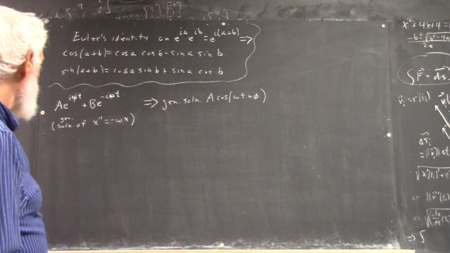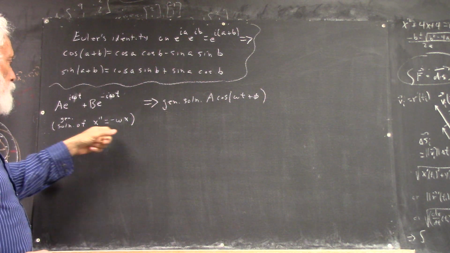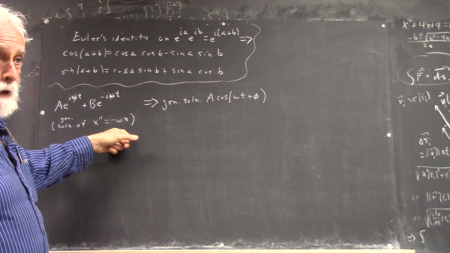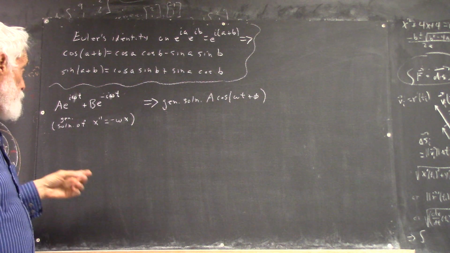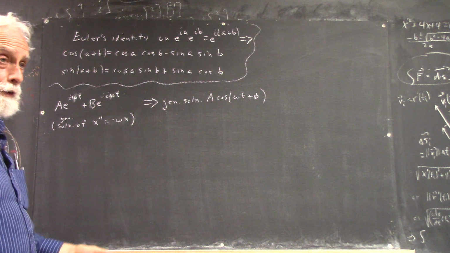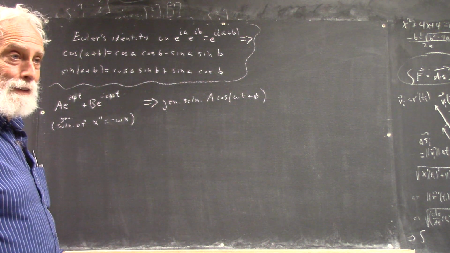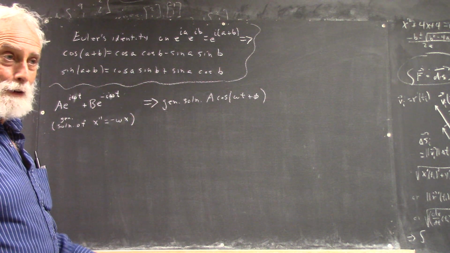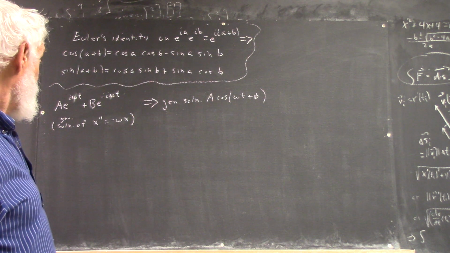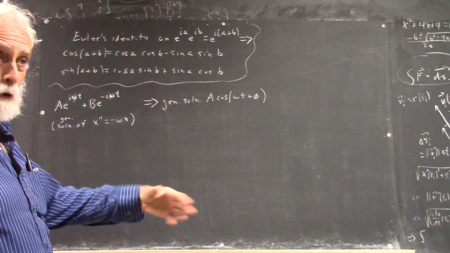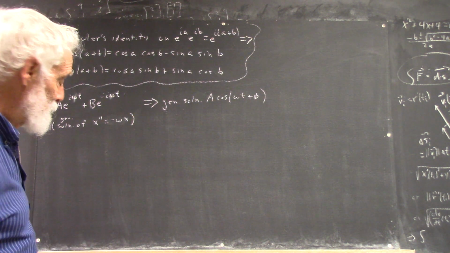So in this context, you have a solution of x double prime equals negative omega squared x. That could be an LC circuit, a simple harmonic oscillator, a physical pendulum or just a regular pendulum, a mass on a spring.